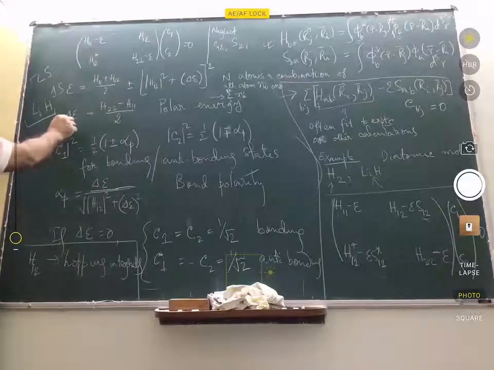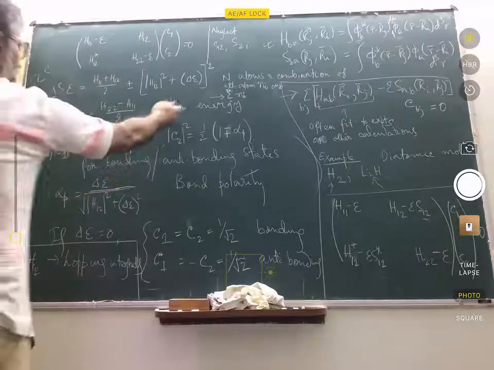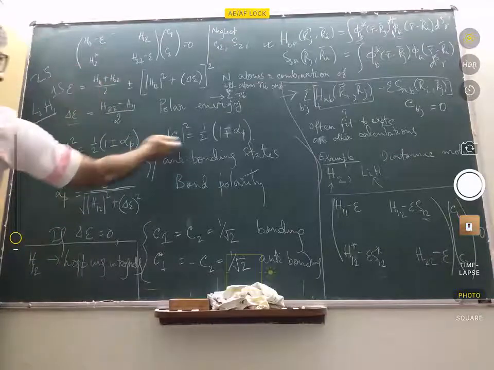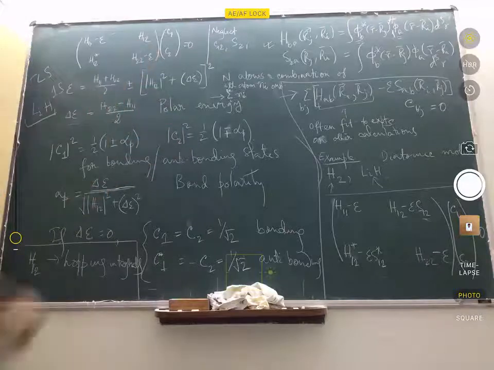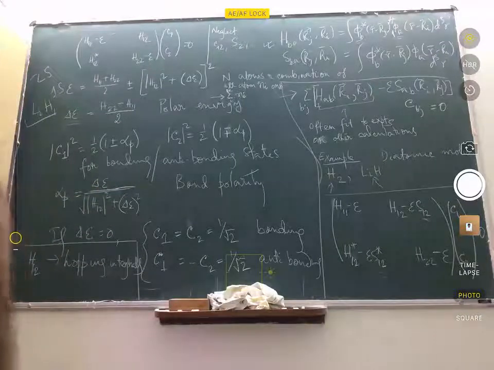In this case, this will be a non-zero number, and it would ultimately depend on the electronegativity difference of the two atoms, that is, whether you have a polarity on the bond or not. And when you solve this problem, you get these two values for these two coefficients. One gives you the bonding state, the other gives you the anti-bonding state that you have learned in your basic chemistry course, or you could be doing it in your molecular physics course.